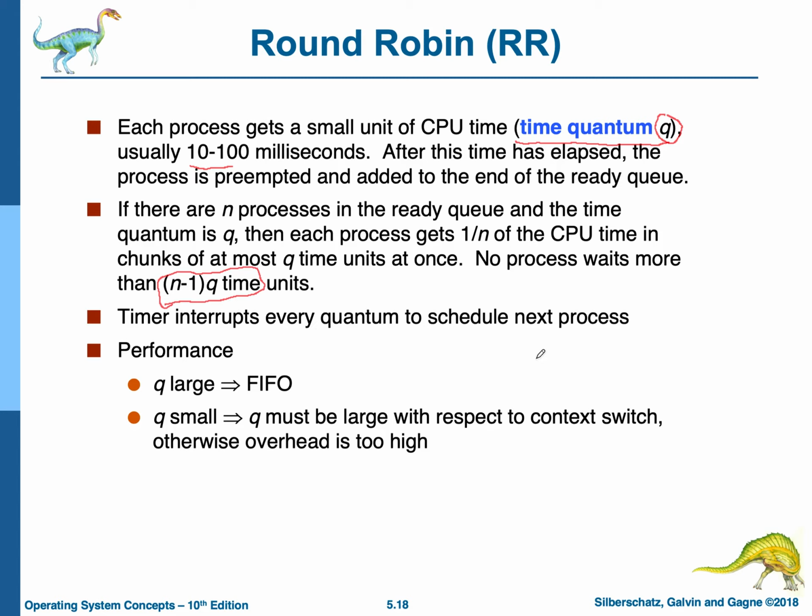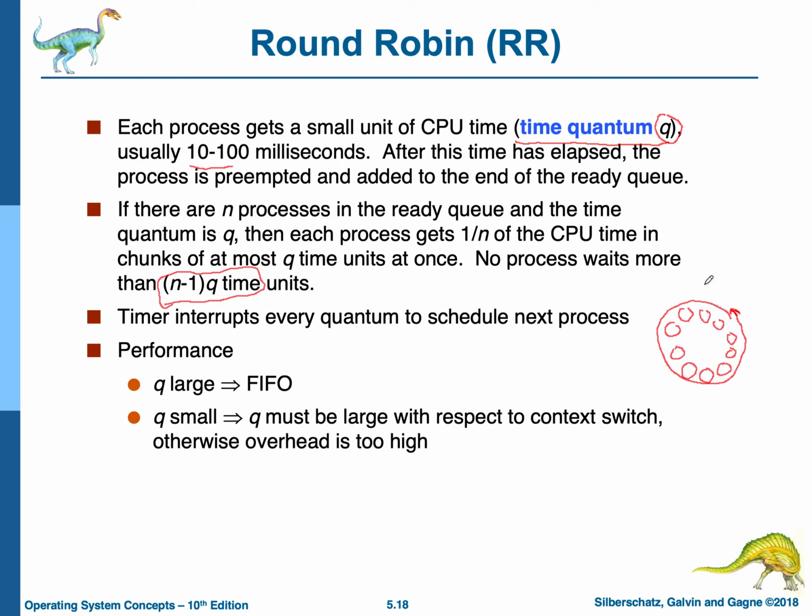If we look at round robin, suppose the processes are arranged in a cyclic order, and these are some jobs, and here is the CPU rotation.